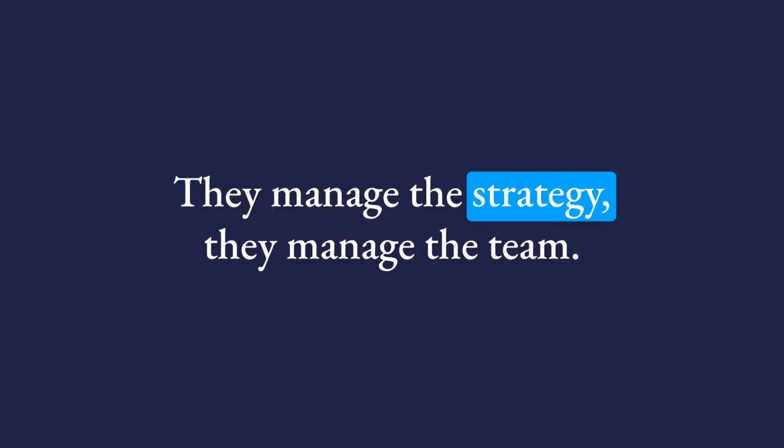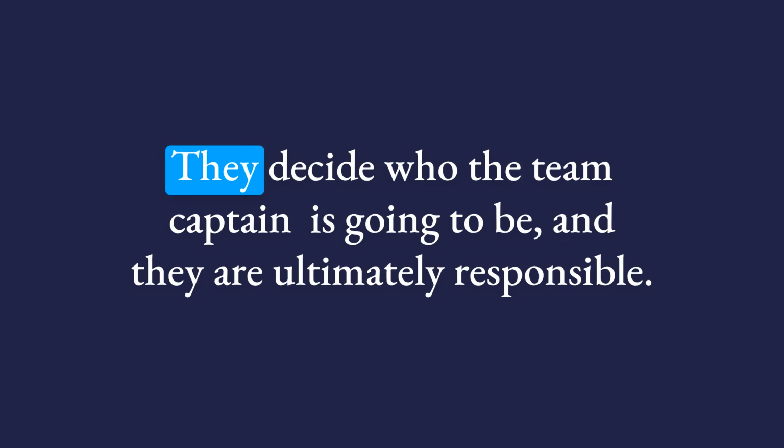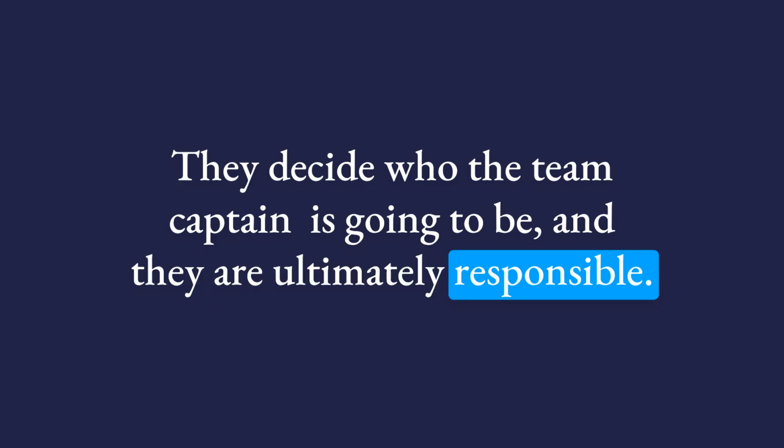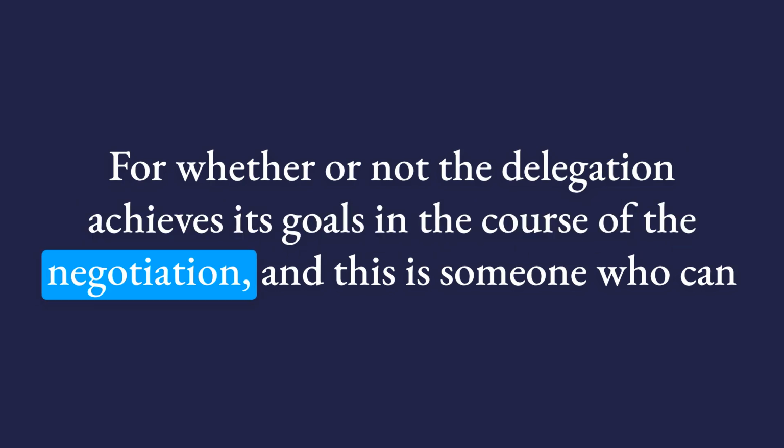They manage the strategy. They manage the team. They decide who takes the field, who comes off the field. They decide who the team captain is going to be, and they are ultimately responsible for whether or not the delegation achieves its goals in the course of the negotiation.